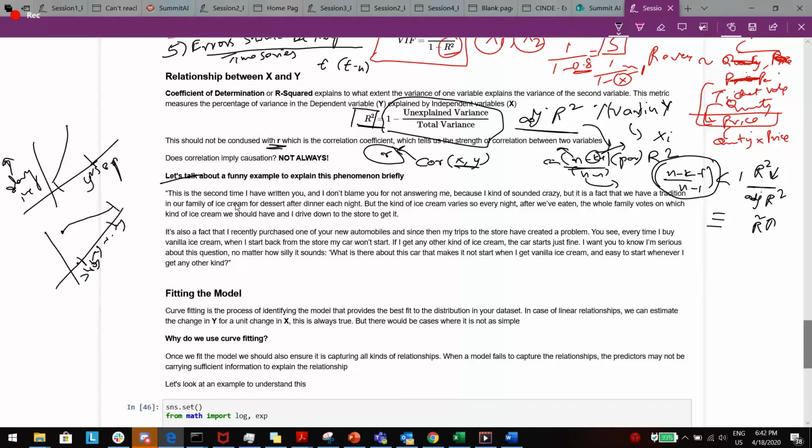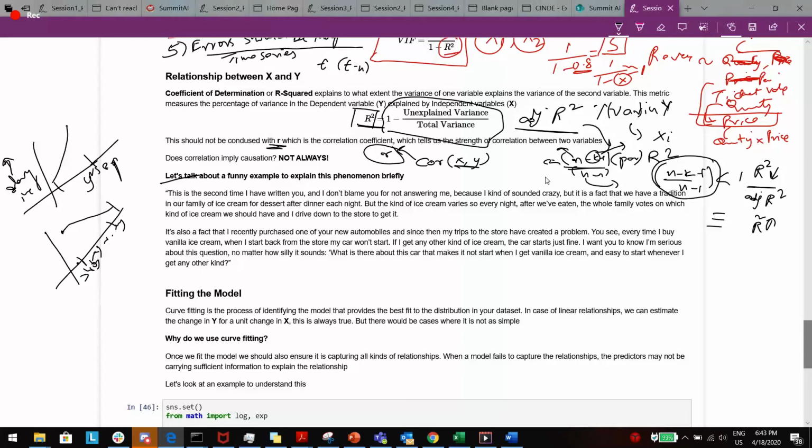He just wanted to bring up a weird or crazy experience: he goes to a departmental store every night and picks up dessert, which is ice cream.